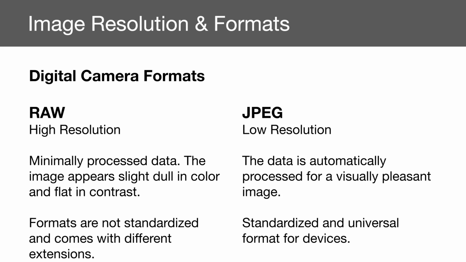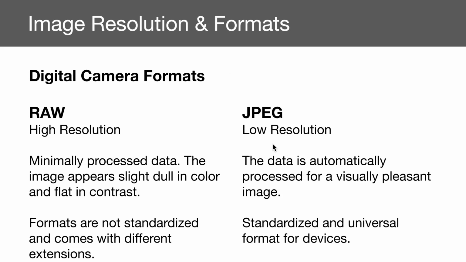But ultimately, JPEGs, they're considered low resolution. The data is automatically processed for more pleasant viewing of an image. And JPEGs are standardized as a universal format between multiple devices and manufacturers. You can have, in some instances, on a digital camera, record a JPEG which is high resolution.